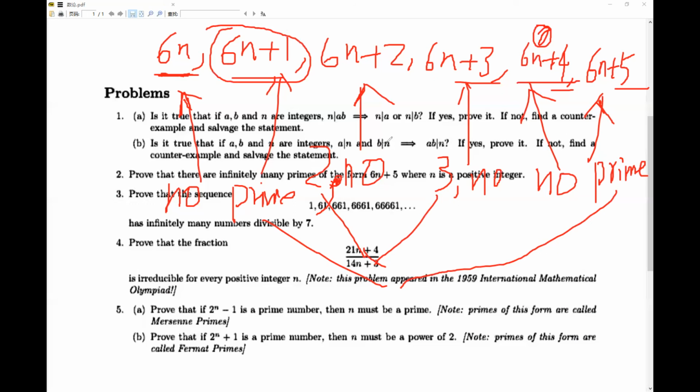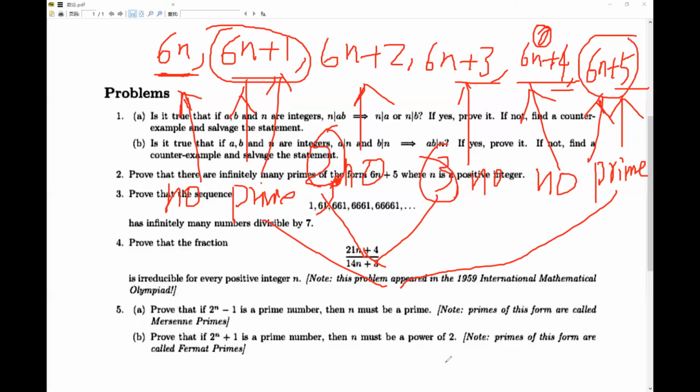So prime numbers are only in 6n plus 1, 6n plus 5, and maybe 2 or 3. 2 or 3 doesn't matter, since that is limited. 6n plus 1 and 6n plus 5 are the big groups. So we have 6 categories: 6n, 6n plus 1, 6n plus 2, 6n plus 3, 6n plus 4, and 6n plus 5.